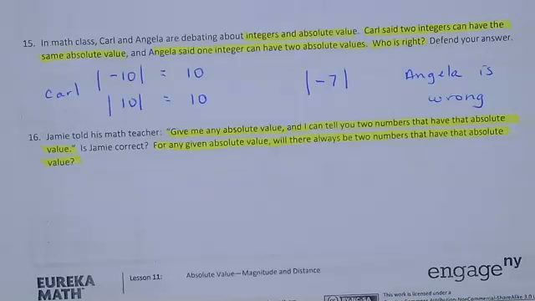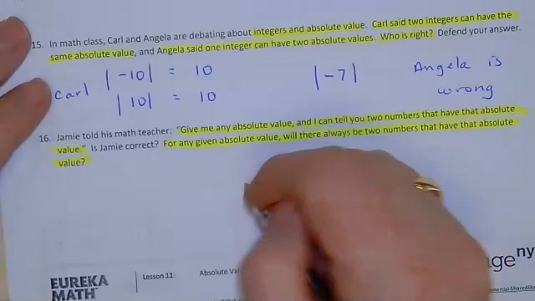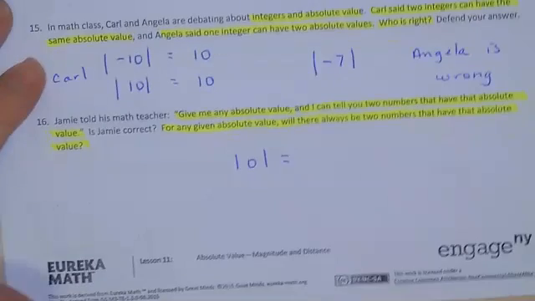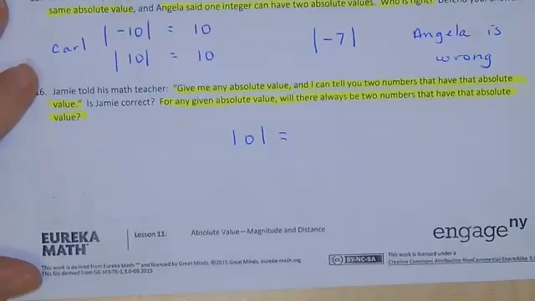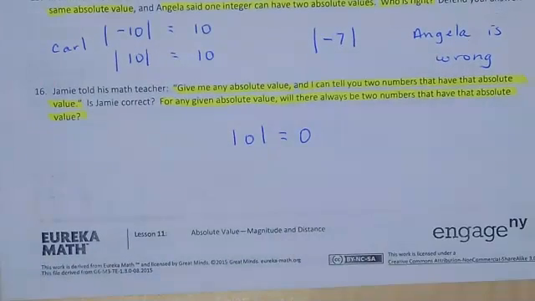Think about it. What is the only number that can only have one absolute value? There's only one in the whole entire universe. It's different from every other number. Derek? 0. What is the absolute value of 0? How far away from 0 is that? Only one number.